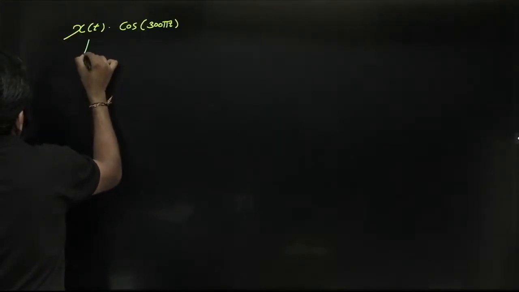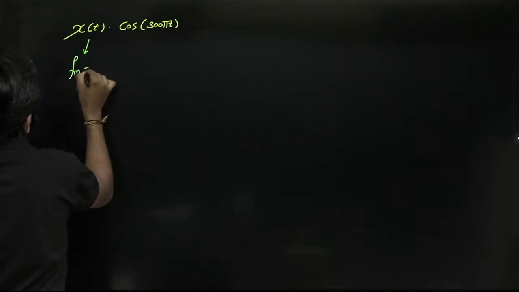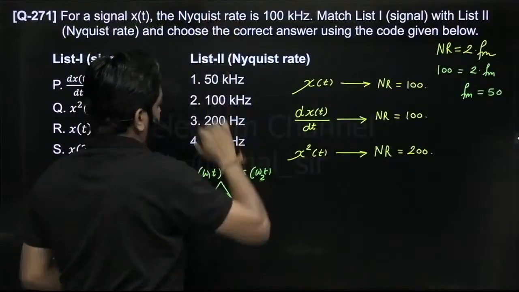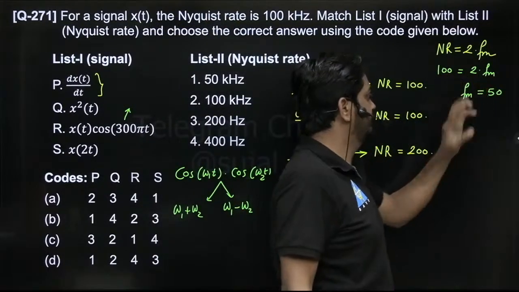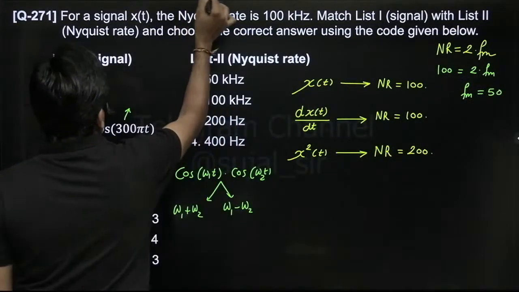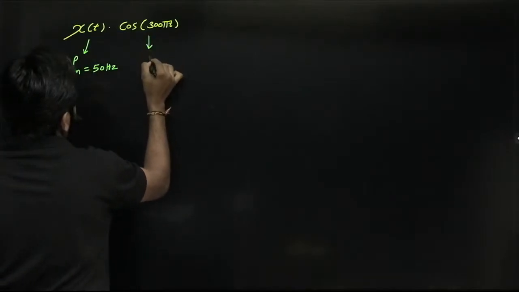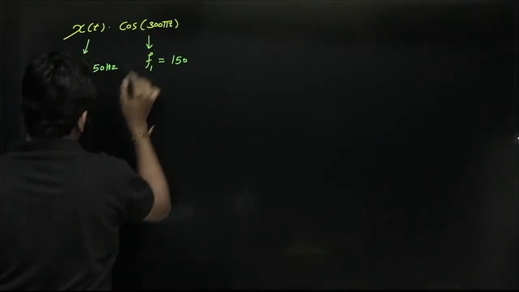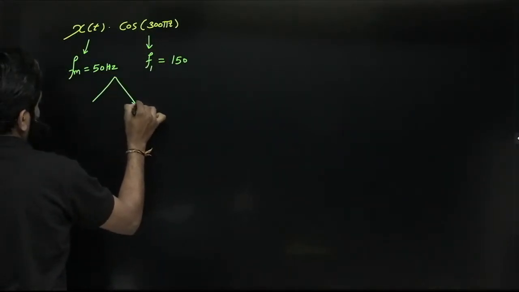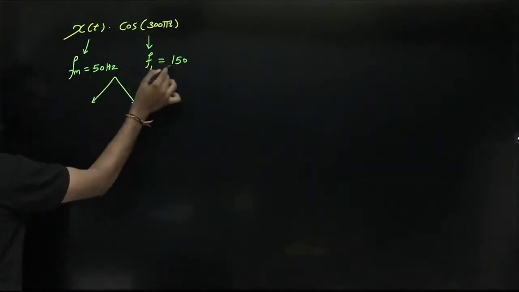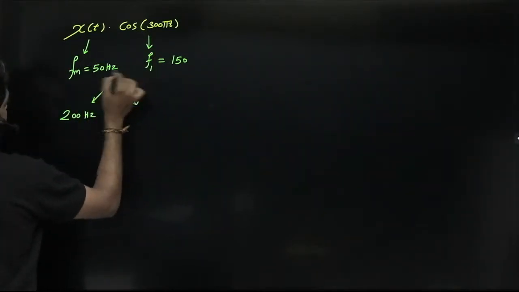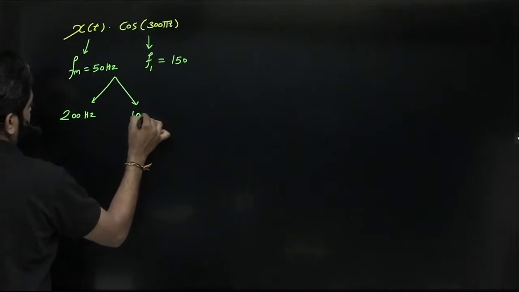So here the frequency FM is 50 hertz, which we just calculated from the Nyquist rate, and here 300 pi means the frequency F1 is 150. So multiplication results in two frequencies: FM plus this one, that is 200 hertz, and FM minus this one, where you take only the magnitude, that is 100 hertz.